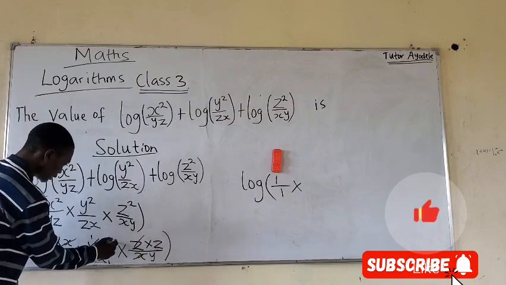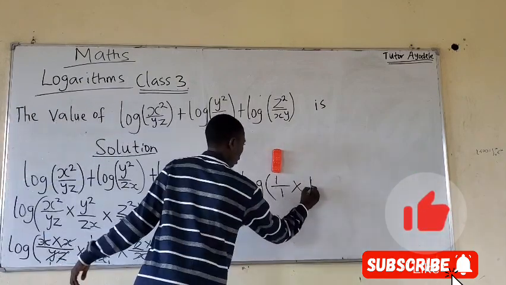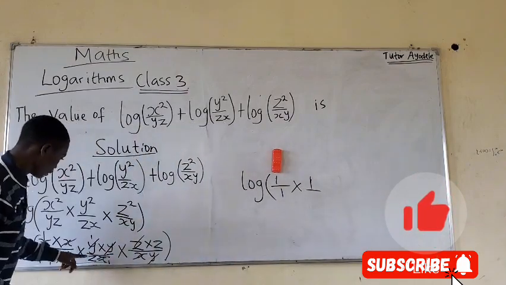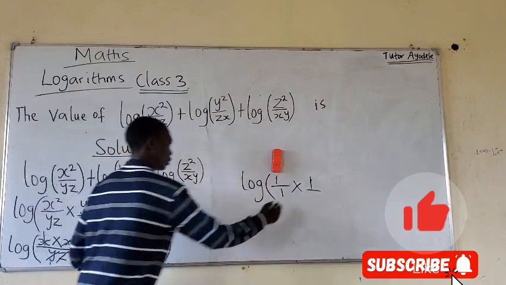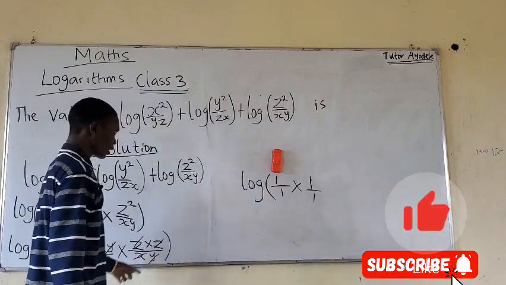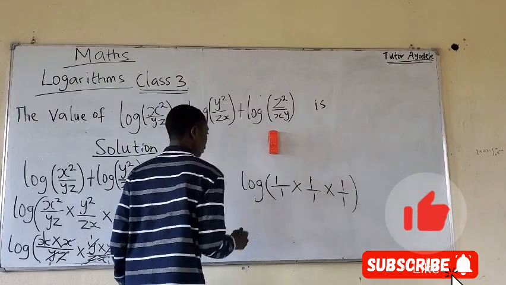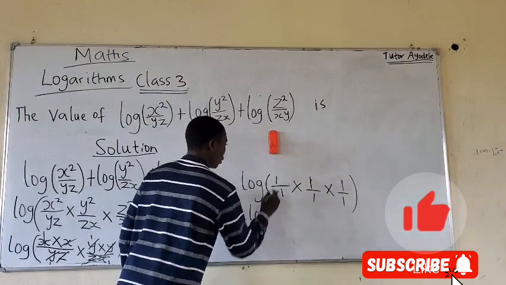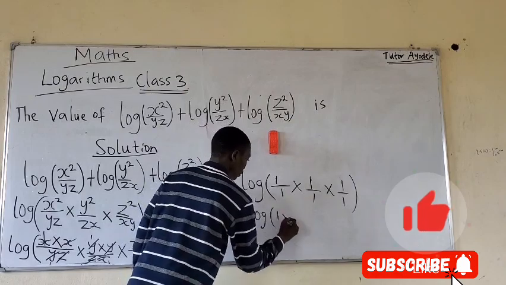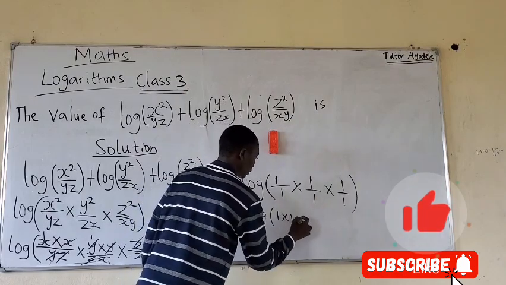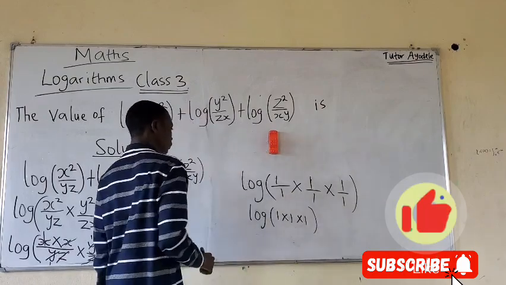This remaining y cancels this y, we are left with 1 over. This remaining z cancels this z, we are left with 1 under. The same thing applies to this, times 1 over 1. Close the bracket. So we have log of 1 divided by 1 times 1 divided by 1 times 1 divided by 1.